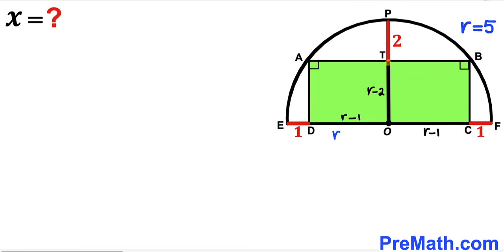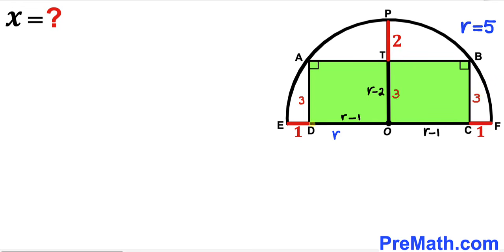So therefore this height OT is going to be r minus 2, means 5 minus 2, that is going to give us 3 units. And if this OT length is 3 units, then this AD length is going to be 3, and likewise BC length is going to be 3 units as well.